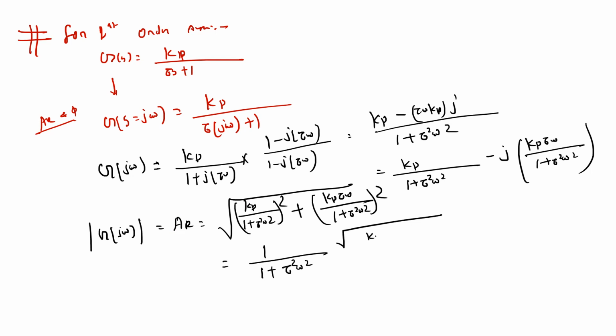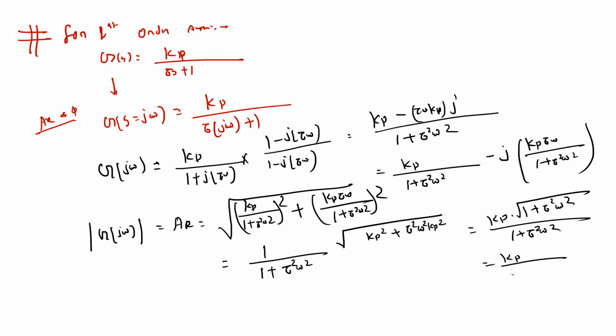And here you will see Kp square plus tau square omega square Kp square, so again Kp square will come outside. So this will be Kp into root over 1 plus tau square omega square divided by 1 plus tau square omega square, which equals Kp divided by root over 1 plus tau square omega square.